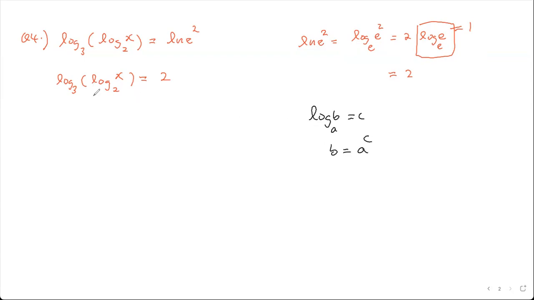This entire thing here is like our b, and a is equal to 3 and c is equal to 2. Applying that rule, I know that log x base 2 is equal to 3 to the power of 2, which is 9. And then x would be 2 to the power of 9. So that's our solution.